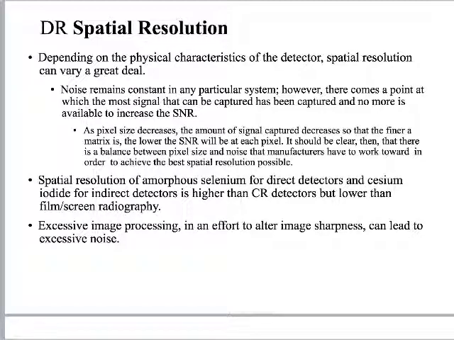For the most part, the spatial resolution that is associated with amorphous selenium for the direct detectors and cesium iodide for indirect is higher than computed radiography, right? And that also means that as the pixel size decreases, we still have the potential to capture signal without increasing noise.